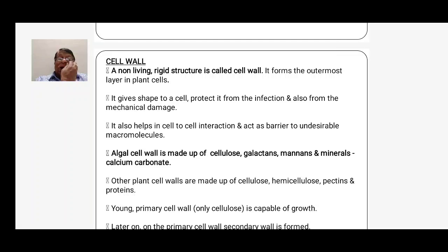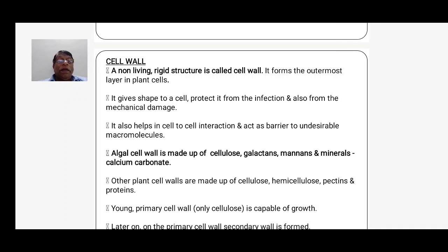If we examine the algal cells, the algal cell wall is made up of cellulose, galactans, mannans, and minerals like calcium carbonate.